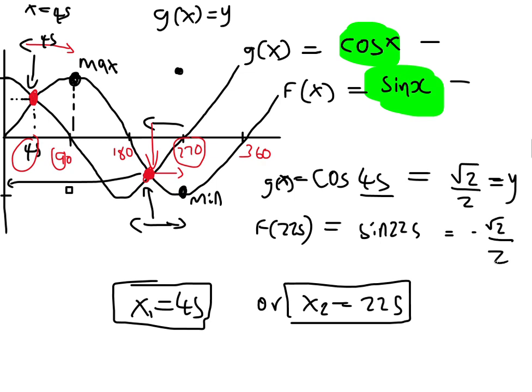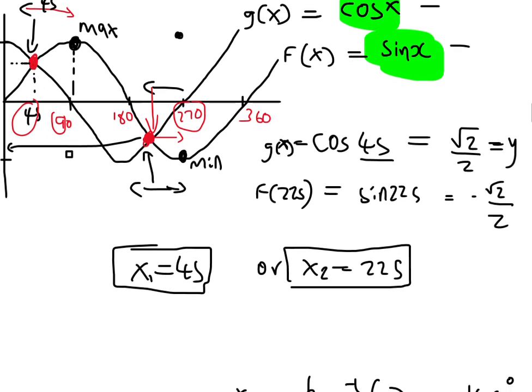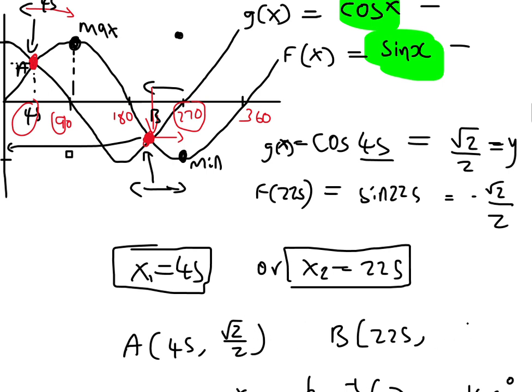So let's call the first intersection A, and this one intersection B. The first intersection has the value of x of 45 and the value of y of square root of 2 over 2. The second intersection, B, has the value of x of 225 and its value of y is the same as that of A, but with a negative sign, that is, negative square root of 2 over 2. And these 2 points are where the two graphs intersect.